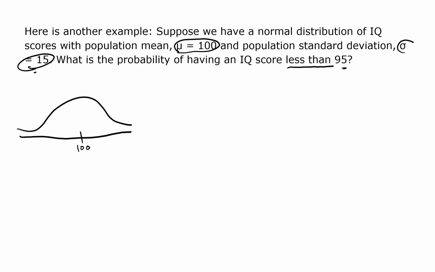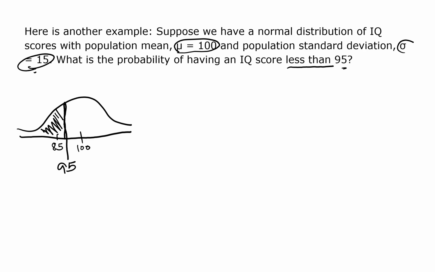So here's 100. Now 95 is less than 100, so we're going to be working with the left side of the distribution. Let's put 85 here, which is one standard deviation away from the mean, 100. So 95 is going to be about right here. And we're looking for IQ scores less than 95.